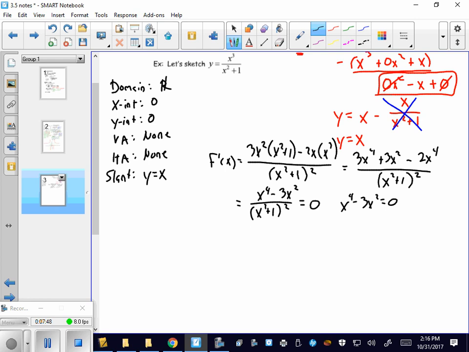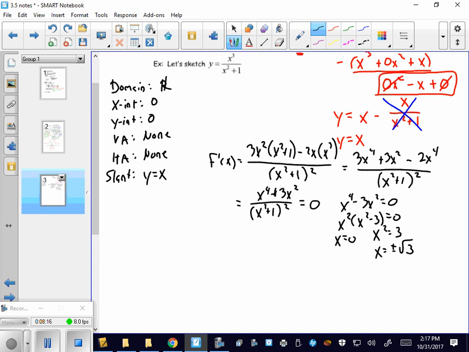And solve. So we're going to have to factor out an x squared, which leaves x squared minus 3. So either x is going to be 0 from this one, or using this one, x squared has to be 3, which means x has to be plus or minus root 3. Nope, I made a mistake somewhere. Where did I make my mistake? Ah, that should be plus.